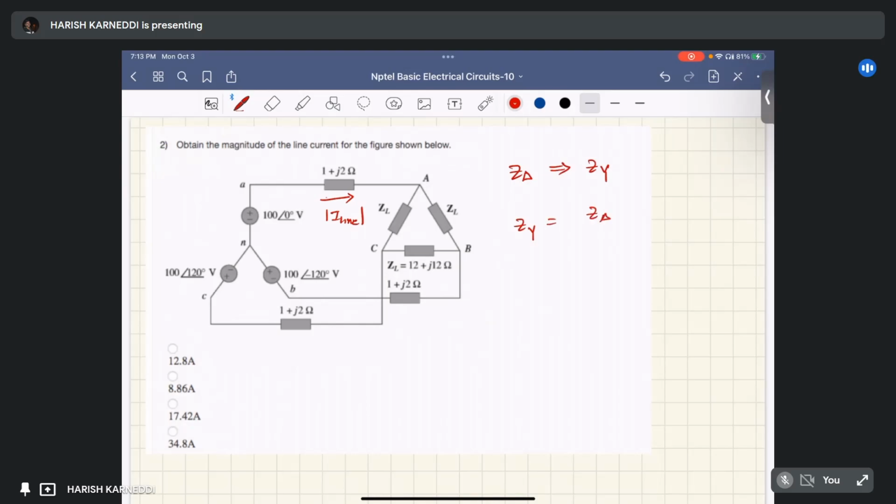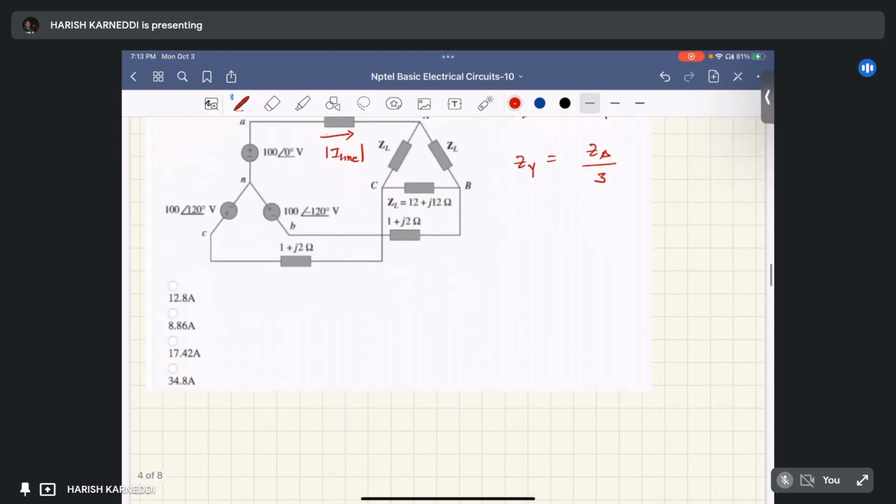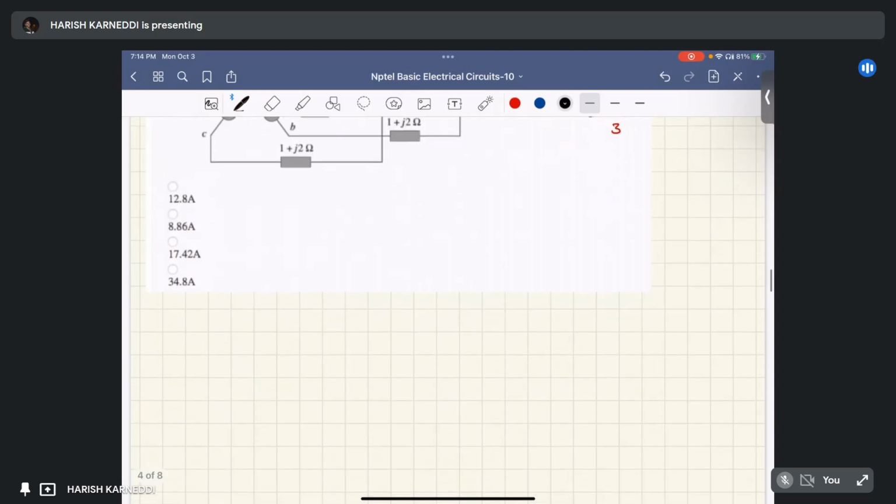It is simply Z delta by 3, right? So what is the impedance of Z star? 12 plus j12 by 3 equal to 4 plus j4. It means this circuit is same as the previous circuit.